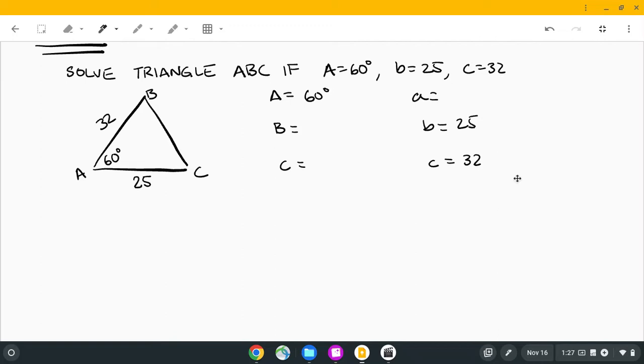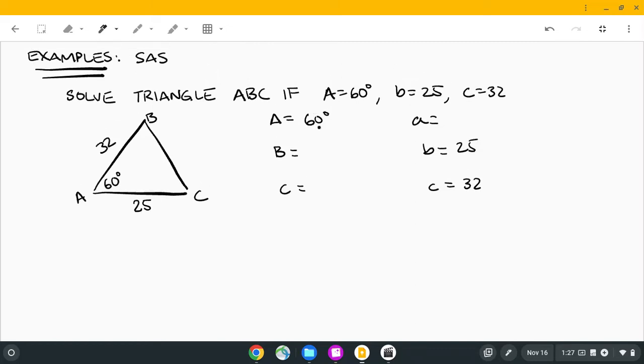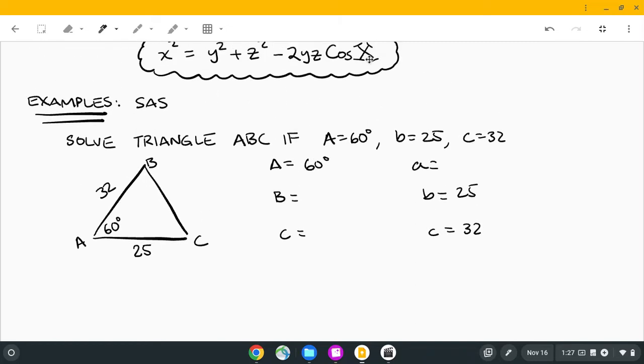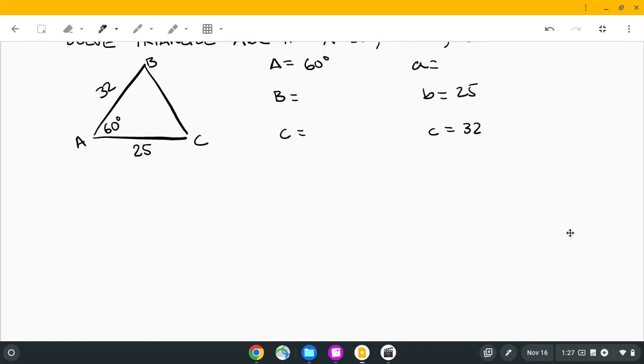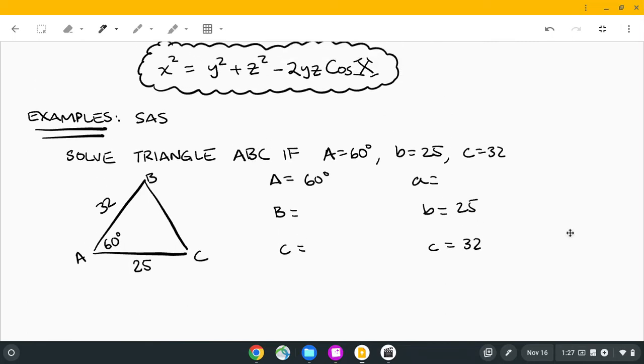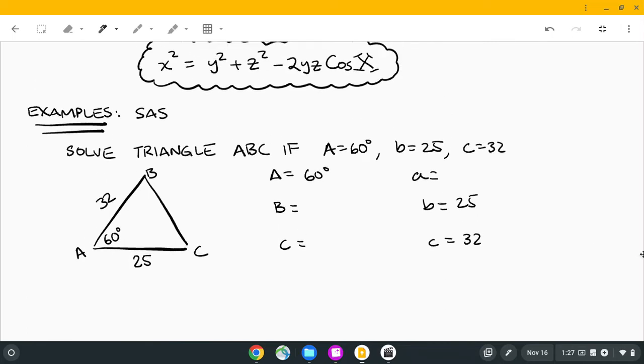To me, that tells me that I can use that formula, and since I have angle A, 60 degrees, I'm going to use that here. If that's angle A, then this starts with little a. Let me pull up the formula there. So I'm going to start with little a, and use this formula: a squared equals, and the other 2 must be here.